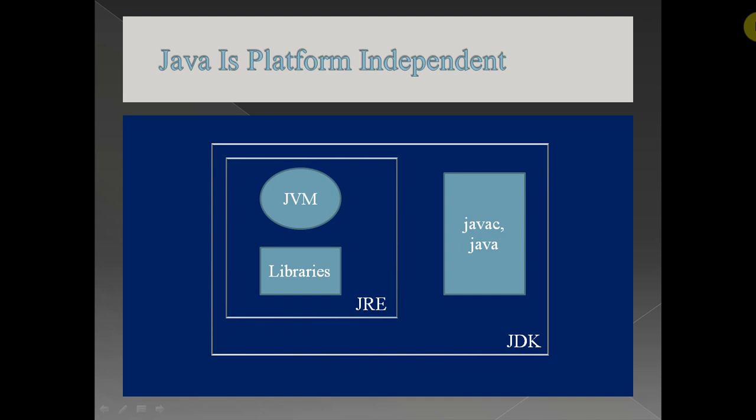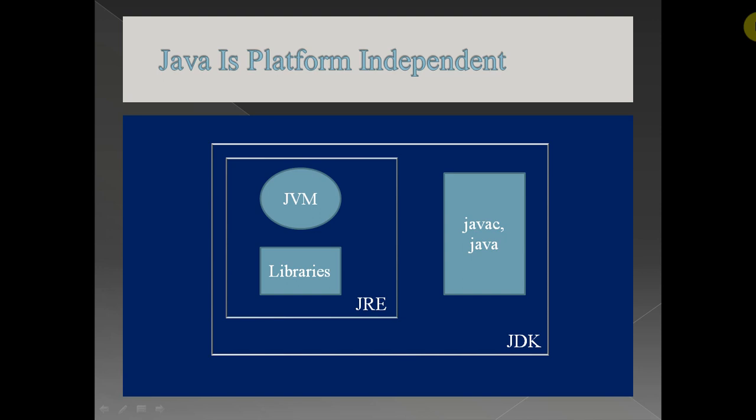Bytecode is an intermediate language. So the Java compiler converts the high level programming language, that is a Java program, into bytecode. So bytecode is platform independent.